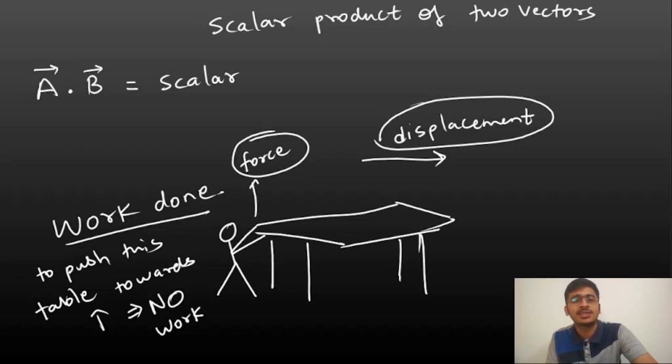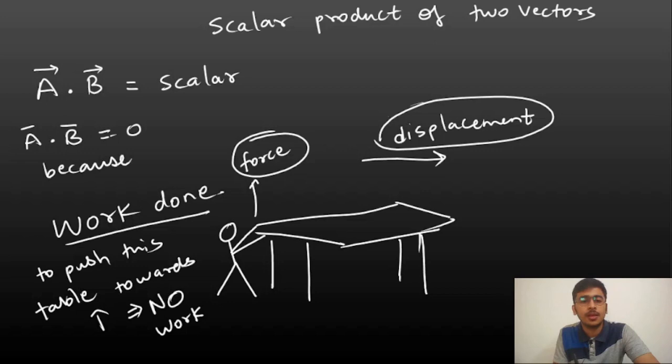So I can say the scalar product of these two vectors is 0. This is how we define work done. Work done is also a scalar product, a dot product. So the dot product of A vector dot B vector, in this case, is 0 because they are perpendicular. Correct?